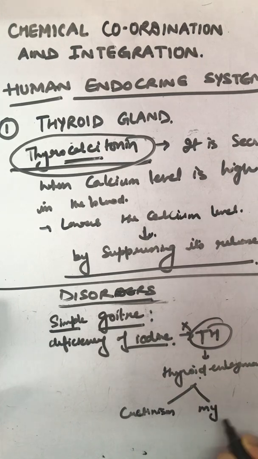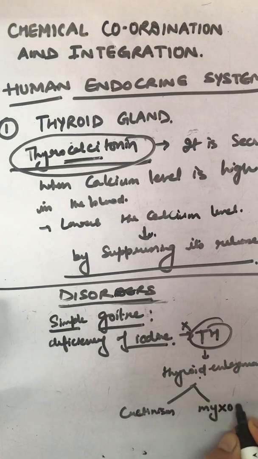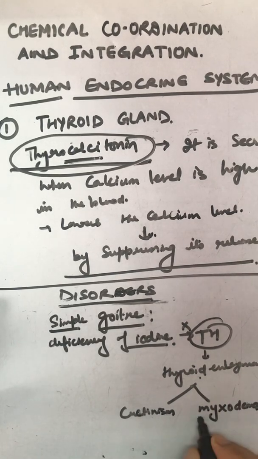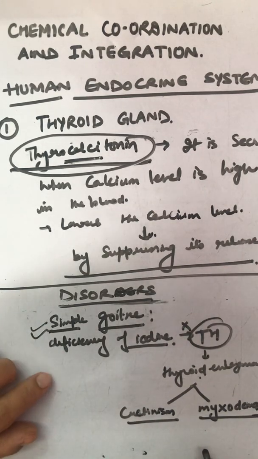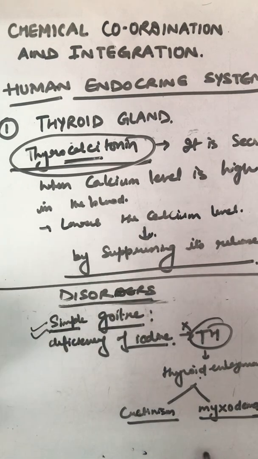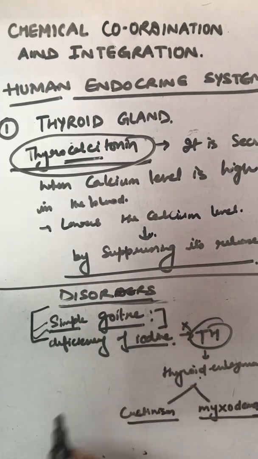And another problem that we are just going to discuss, myxedema. This disease is common in hilly areas, and addition of iodine in the table salt prevents this disease. That we know, simple goiter.